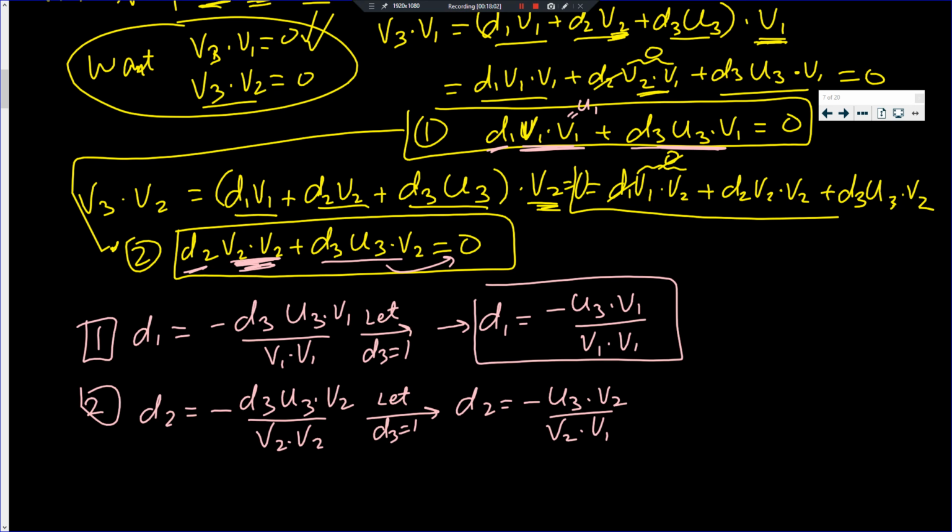Think about the fact that equation 1 up here equals 0. We can say, for example, that D3 is 1. Think why that's true. It's not that hard. It equals 0. You multiply both sides by any number you want, like 1 over D3.